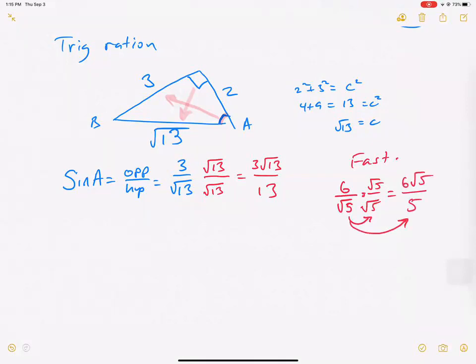Let me do that again. 13 over square root of 2. The fast way of doing this is we were going to multiply a square root on the bottom and on top. So we were going to get rid of it on the bottom anyways. So it's just 2. Freedom! And the square root goes to the top.